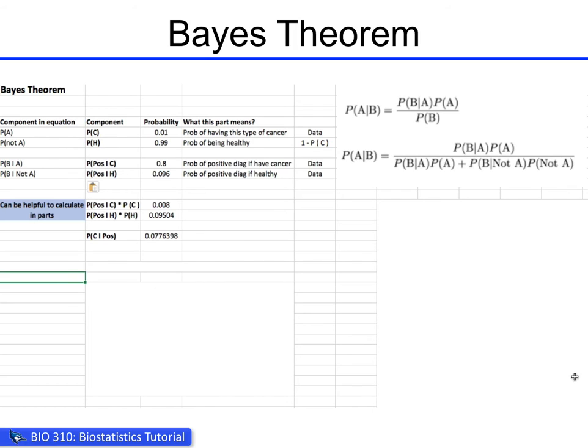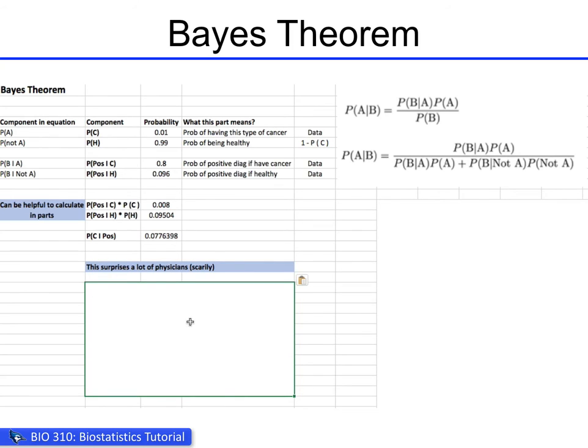Now, one thing that is quite interesting is that this actually surprises quite a few physicians, which is a little bit disconcerting, especially if they are physicians that study cancer and are in the business of giving diagnoses and have to deal with false positive rates and things like this.